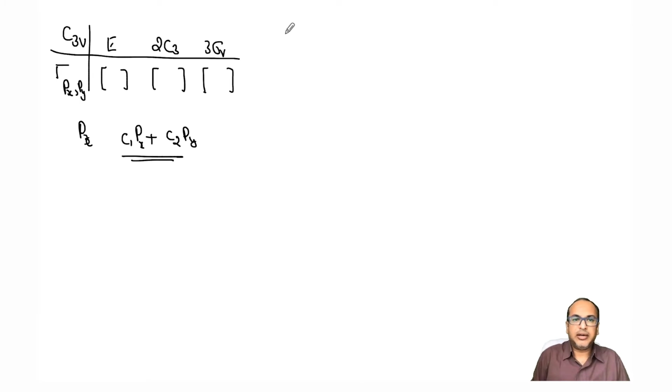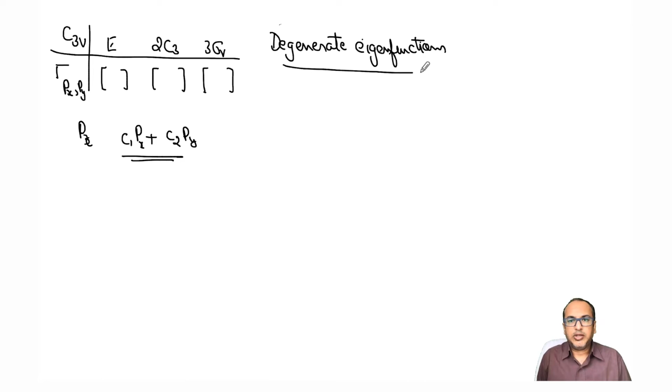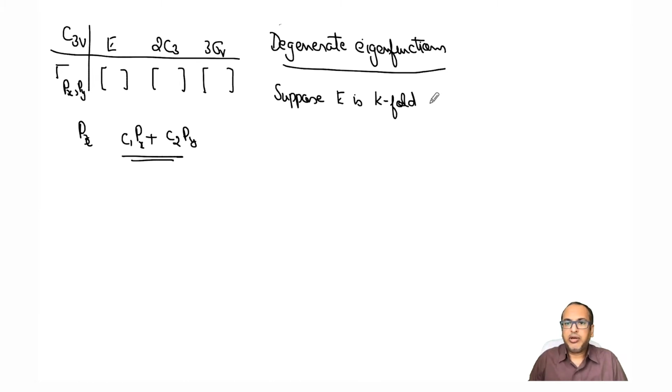So what does it mean? Let us look at this example in more detail: degenerate eigenfunctions. Suppose E, the energy of a particle or a system, is k-fold degenerate. What does it mean when I say k-fold degenerate?